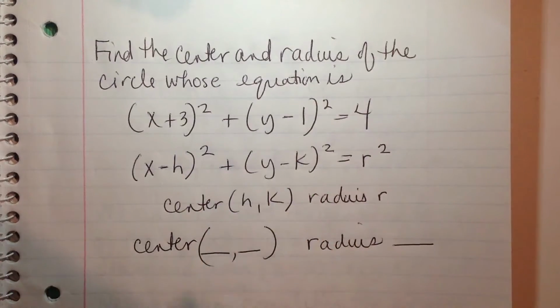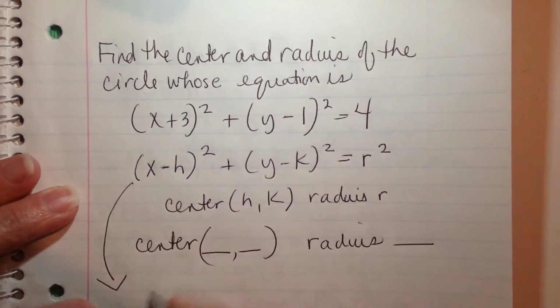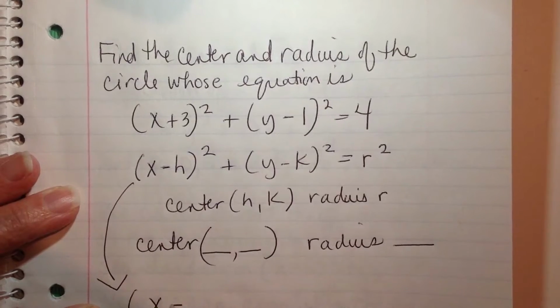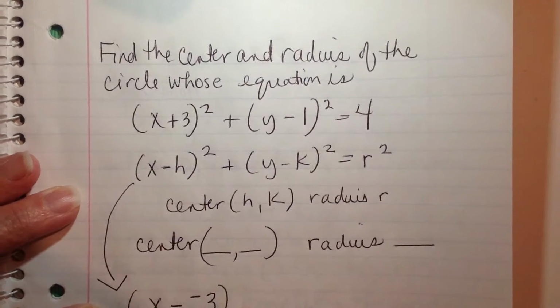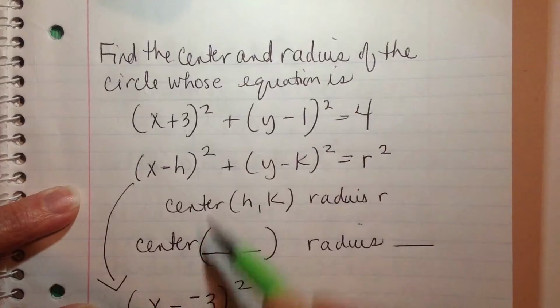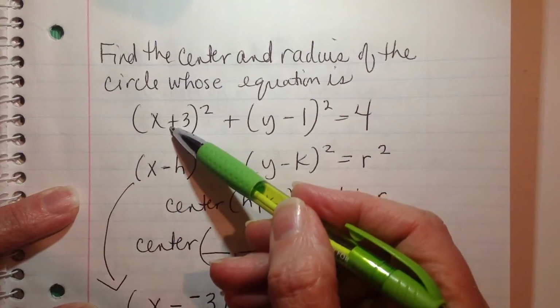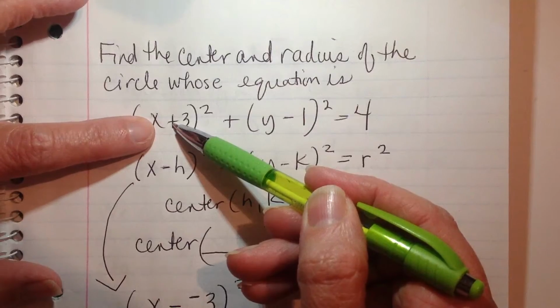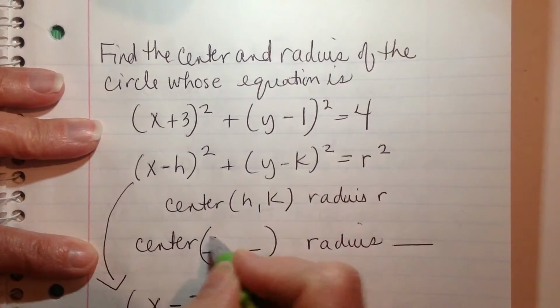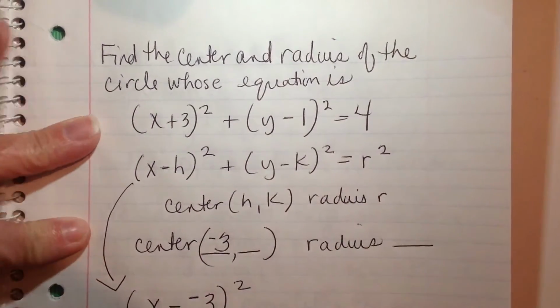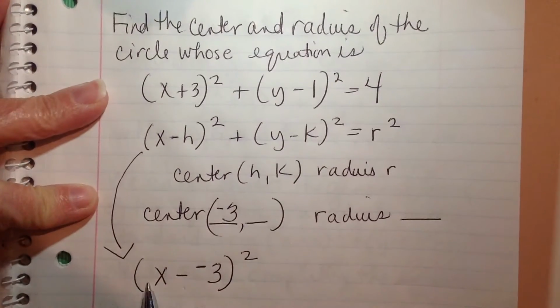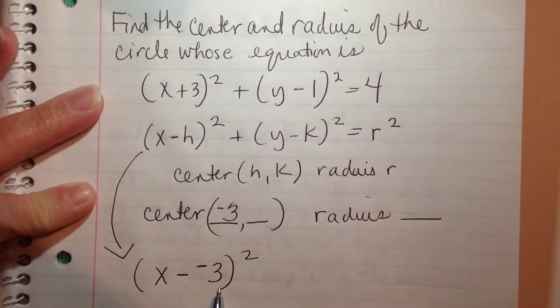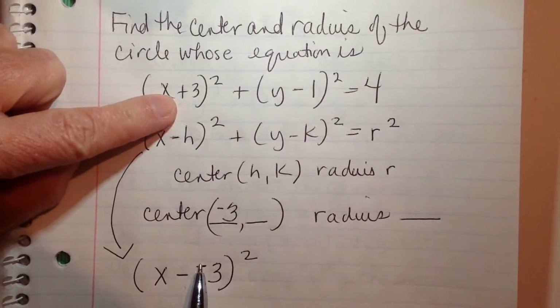It must have been x minus negative 3 squared in order for it to become positive 3. Recall that if it's positive 3 in the formula, it comes out as its opposite, negative 3. And this is why: it's x minus negative 3, because minus a negative becomes the plus.